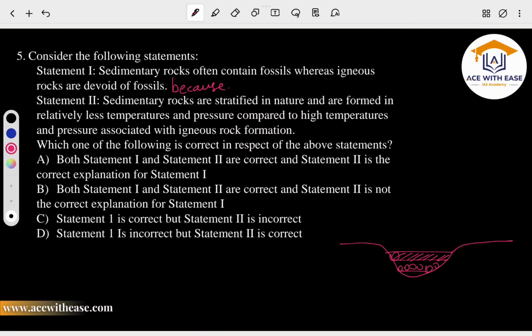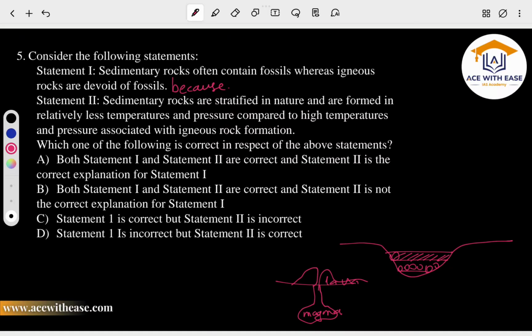During this process, if life is trapped in the sedimentary rocks, we get fossils. Whereas igneous rocks are formed due to the cooling down of magma or lava. Due to the high temperatures, we don't find fossils in igneous rocks. So the first statement is correct.